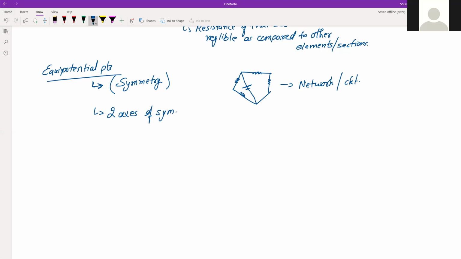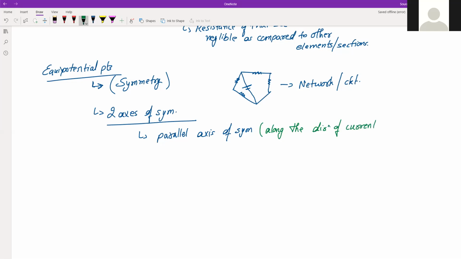And what are they? They are the parallel axis of symmetry. What exactly is the parallel axis of symmetry? The axis which is along the direction of current flow.